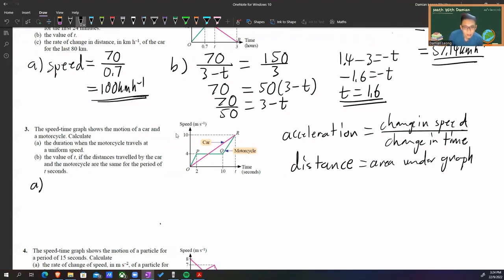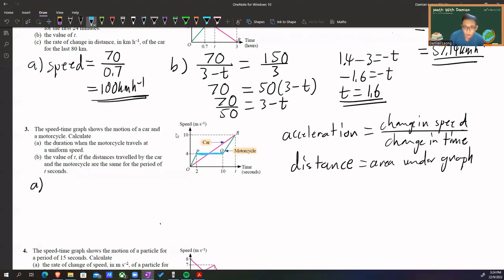So part A here, duration when the motorcycle travels at the uniform speed. Uniform speed is when the speed doesn't change. So it's different from the distance against time graph, where a horizontal line means it's not moving. But for the speed against time graph, it's just uniform speed, constant speed. Okay, when there's no change in speed.